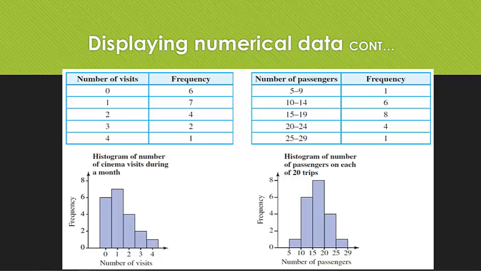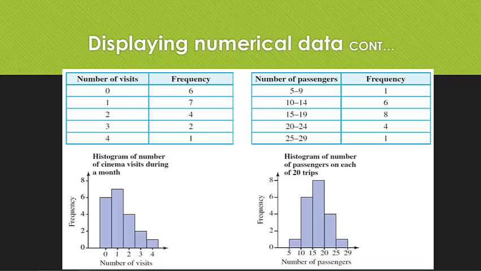When we compare that to the histogram and the frequency table on the right, this data has been grouped. It's still discrete data, we're still counting it. However, the data itself is quite large, going from 5 up to 29. So instead of writing each one of those as a single line in a frequency table or a single column in the histogram, we actually group the data in fives.